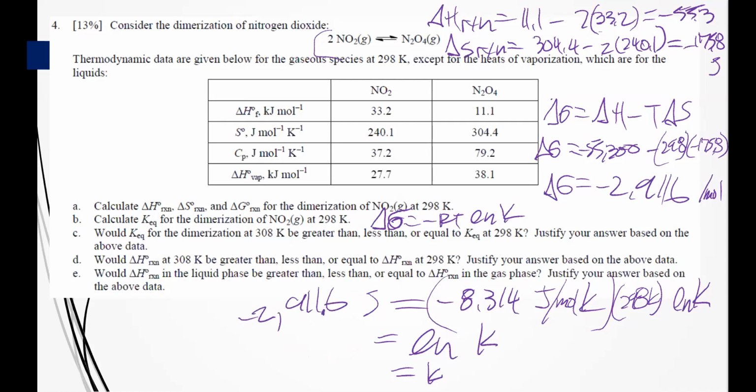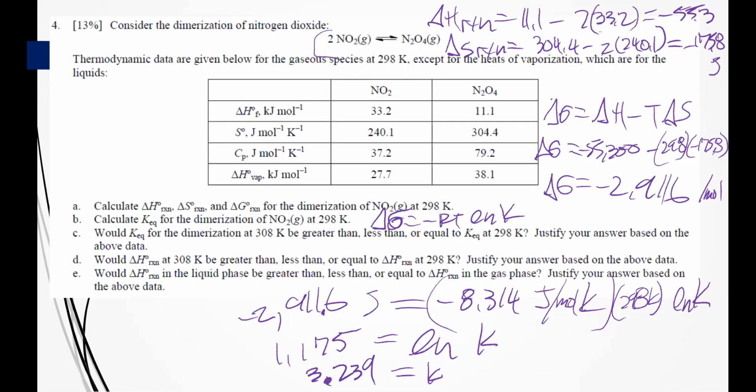So 8.314 times 298. So we get 1.175 is equal to our K. And so our K is 3.239. Okay.